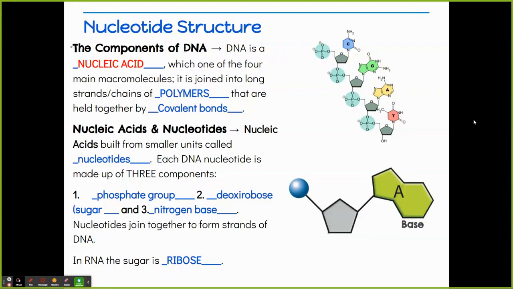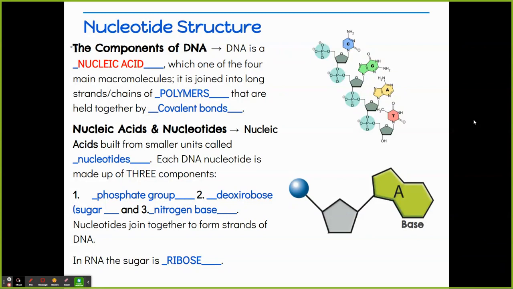So again, every time you look at a nucleotide, the building block of any nucleic acid, DNA or RNA, the circular thing is always the phosphate group. The pentagon, the five-sided object in the middle, is always going to be the sugar. And the shape of the base can sometimes change, but it is always a nitrogen base.